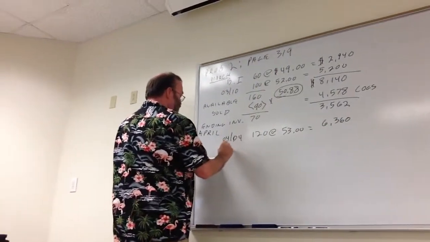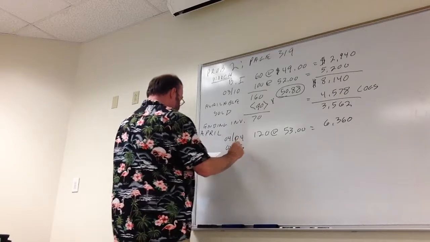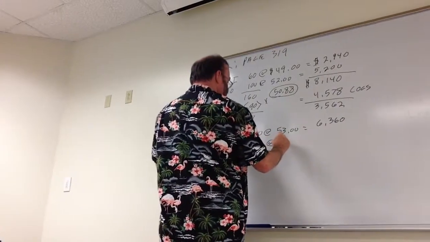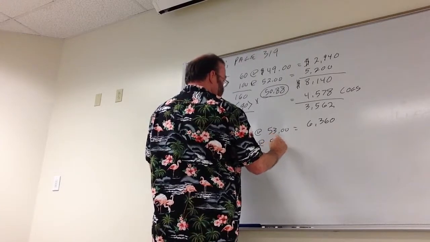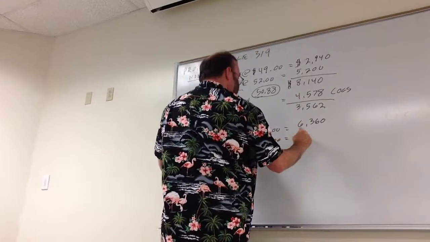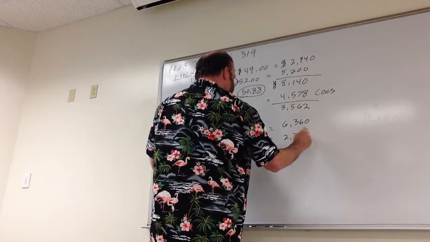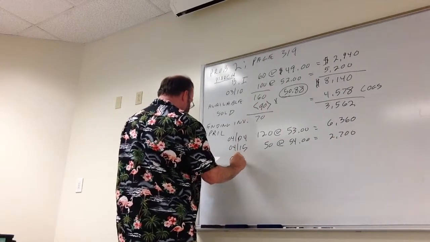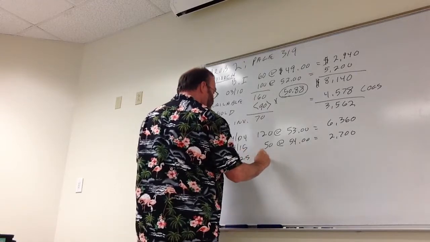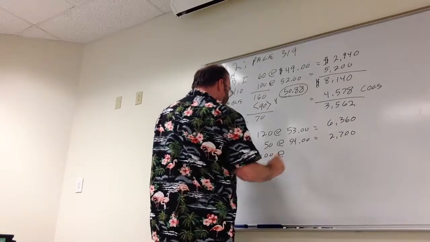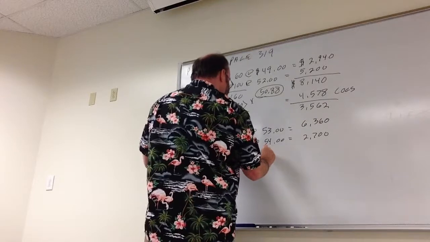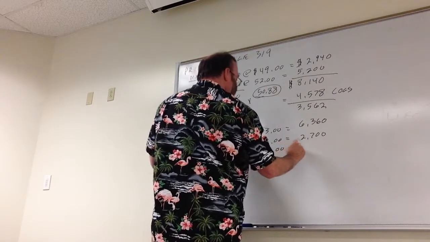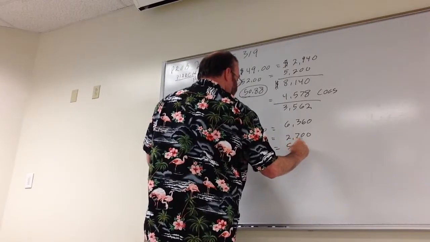On April the 15th, we buy 50 units at a cost of $54 for 2,700. And then lastly, on the 25th, we buy 100 at 55 for 5,500.